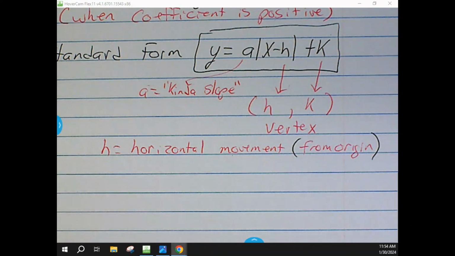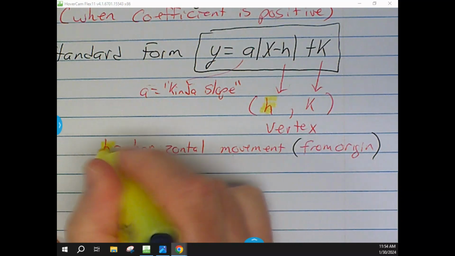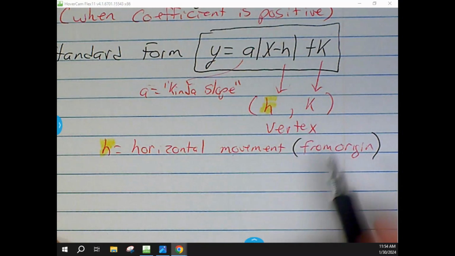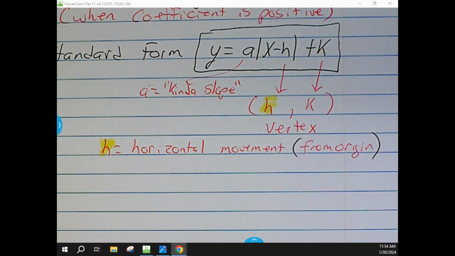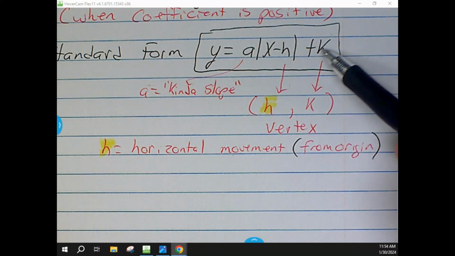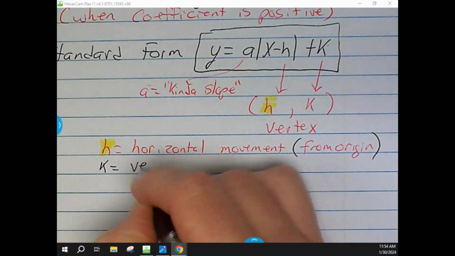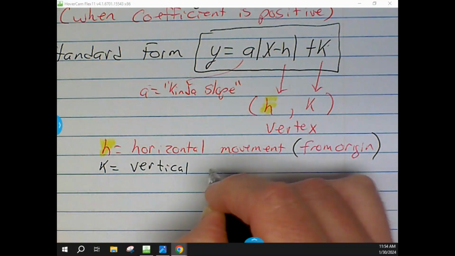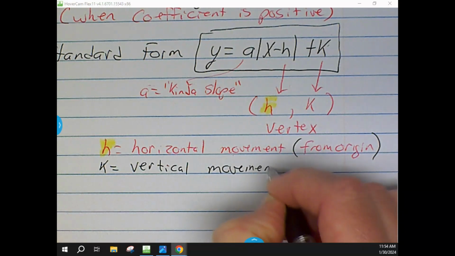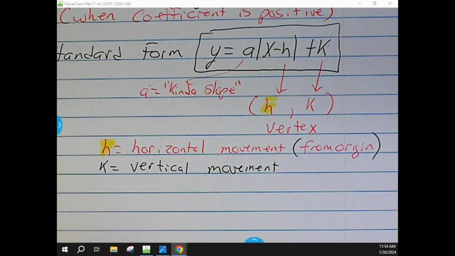And to me, they missed a perfect opportunity, because if this is h for horizontal, then the k value that's here should have been v. It should have been h plus v, because that would be your vertical movement. Who decided to put k in there? I don't know. Don't know why they used k in that case, but they did.